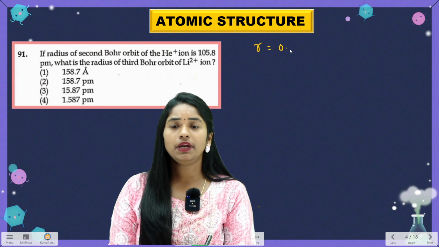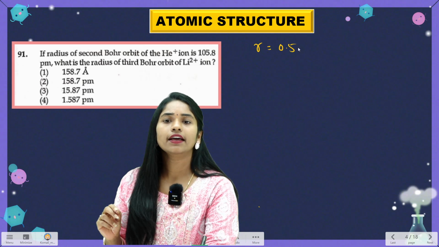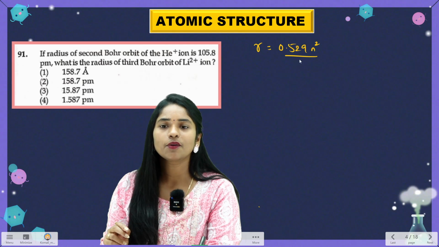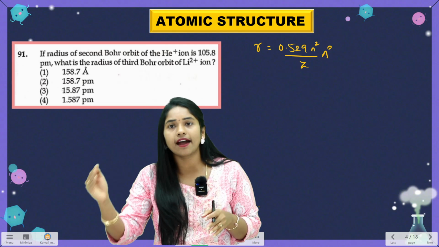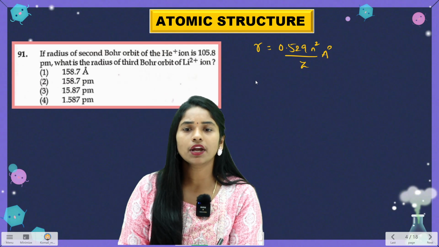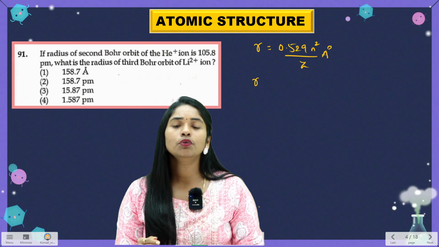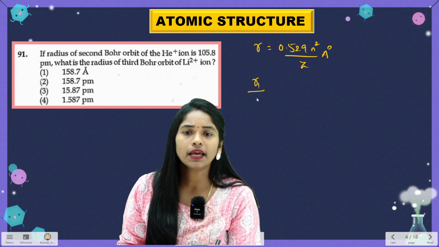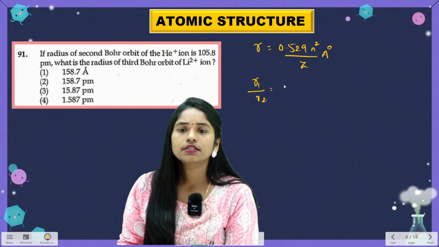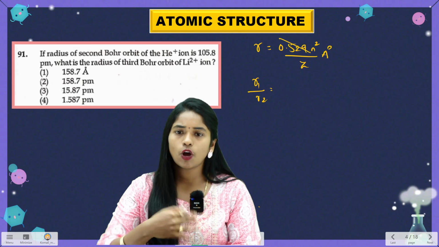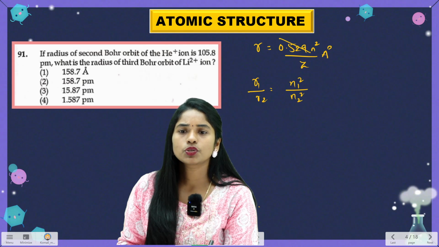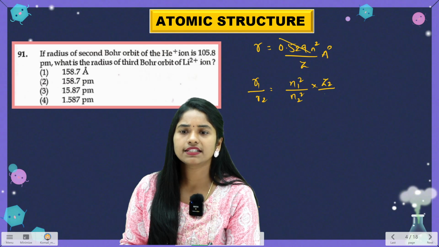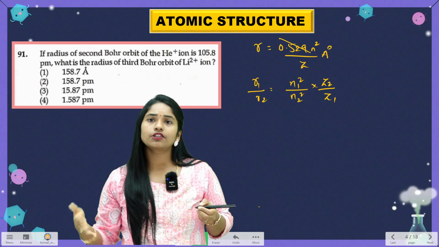The radius of an orbit is 0.529 n square by Z, in angstroms. So I am going to take R1 by R2 is equal to, the 0.529 in numerator and denominator will be cancelled. So n1 square by n2 square into Z2 by Z1 is the formula, and angstrom will be cancelled.